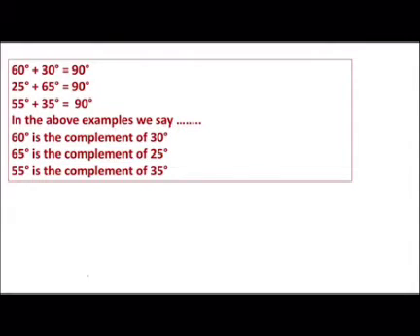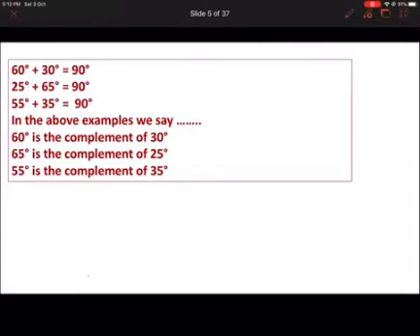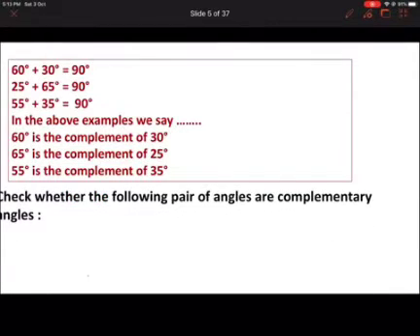We can also say 60 degrees is the complement of 30 degrees, 65 degrees is the complement of 25 degrees, 55 degrees is the complement of 35 degrees, and so on. You can think of many more such examples. Now, I am going to give you pairs of angles. You have to check whether they are complementary or not.